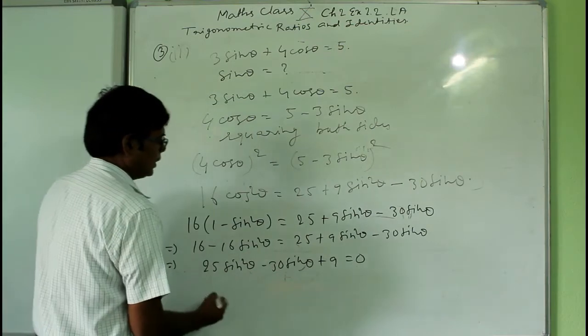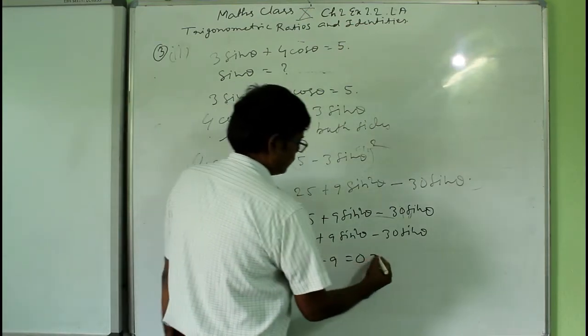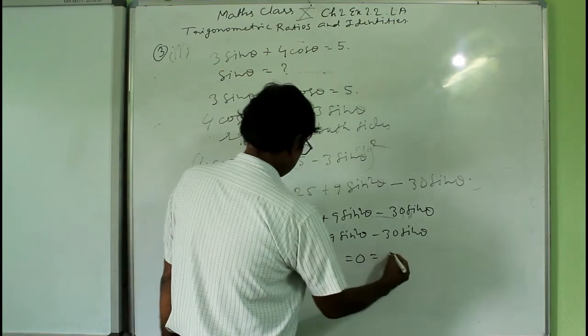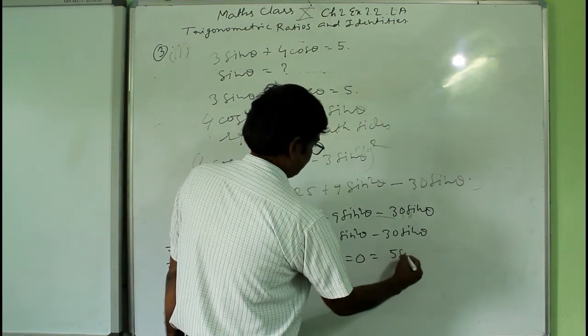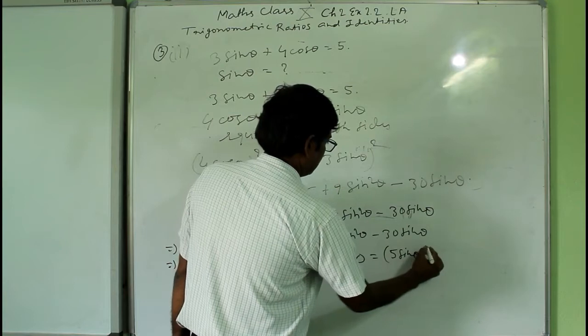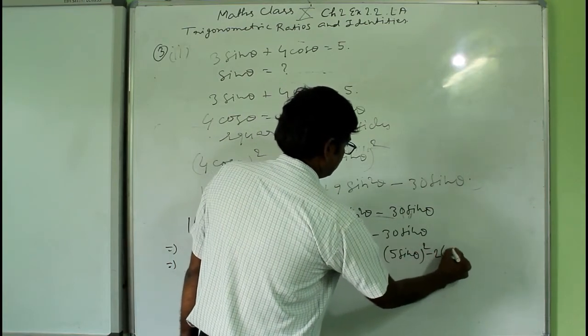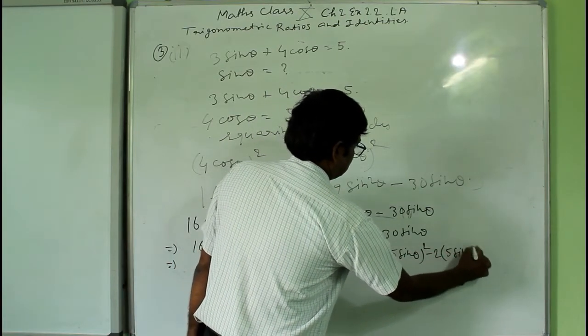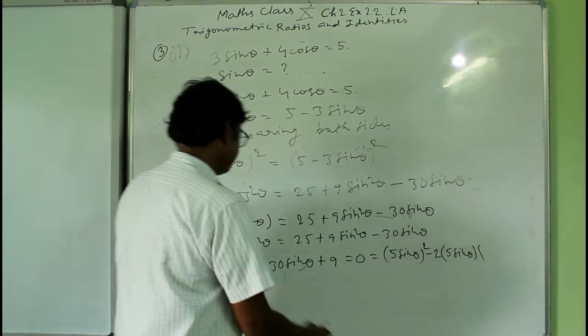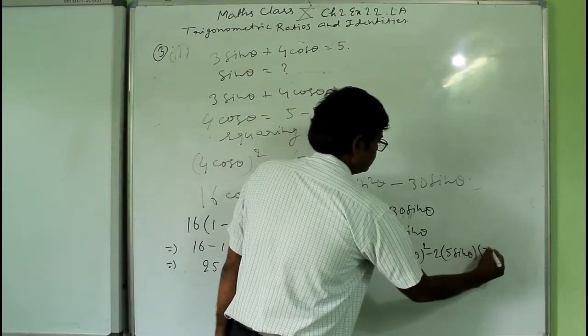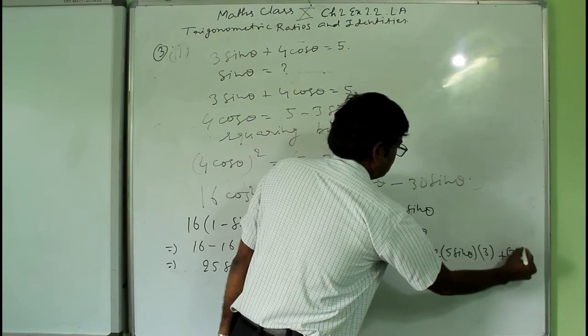Now again see that this is based on the formula (a minus b) whole square. You see here that (5 sin theta) whole square minus 2 into 5 sin theta into 3 plus 3 square.